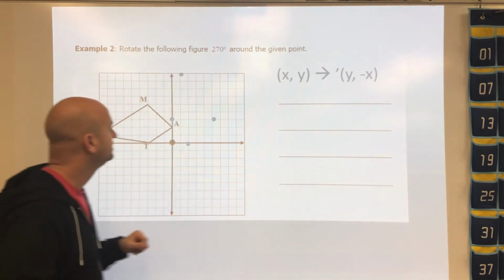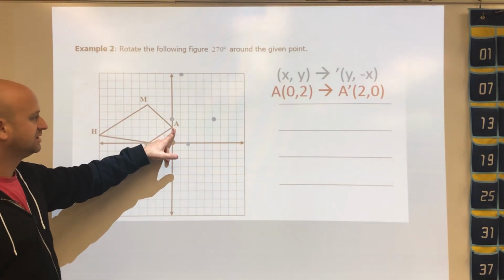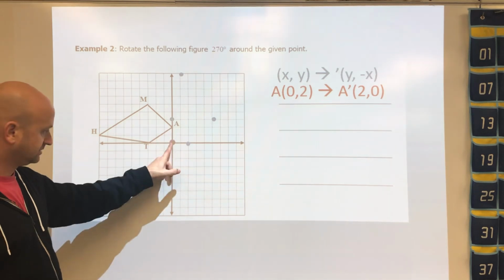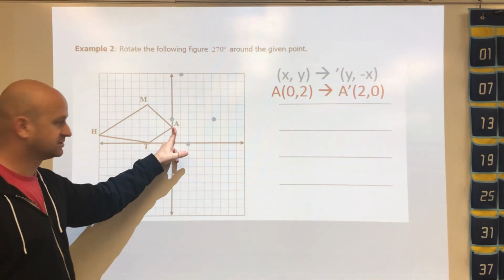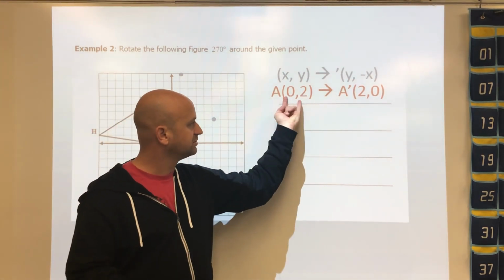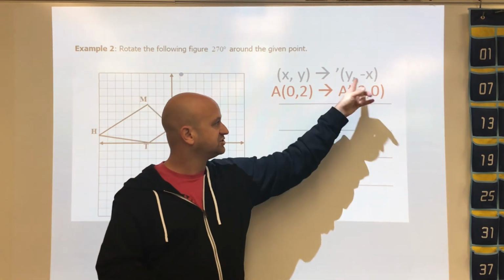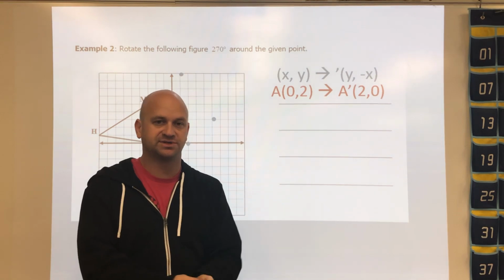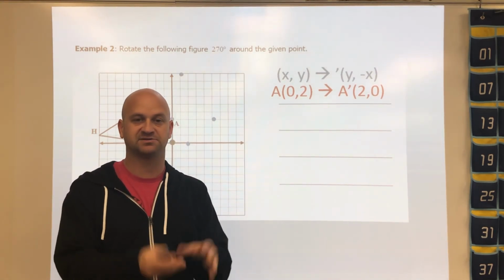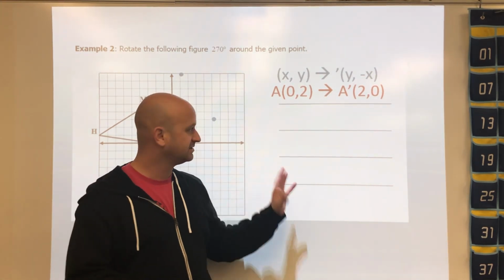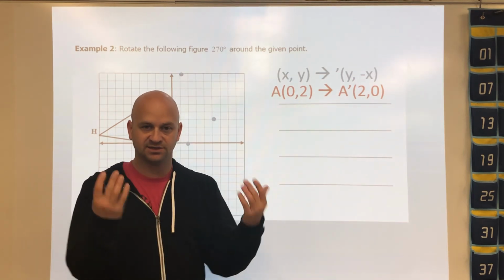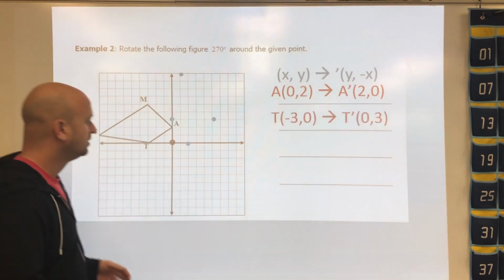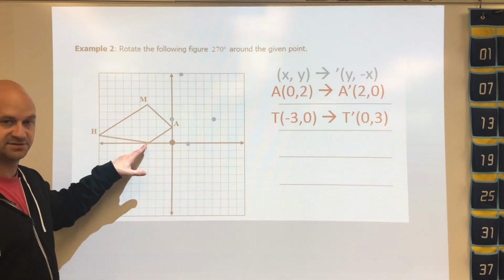Point A is at 0, 2. 0 is the x value, 2 is the y value. We switch locations, and then change the sign of the x value. But because the original x value is 0, you can't change its sign, so it just stays 0. That is the only case where, when we change signs, the number remains the same. If we go to T, T is -3, 0.